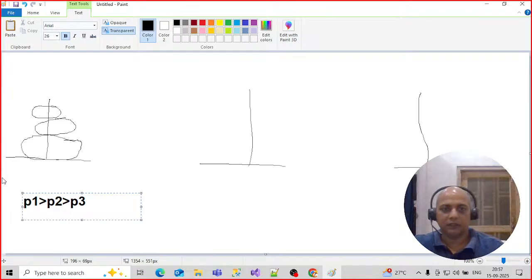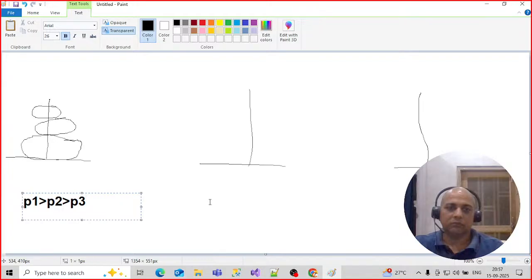In the same order, any tower can bear these plates. If we choose tower 1, then in the same order these plates will be kept. At the bottom there will be plate 1 because it is the bigger one, plate 2 is a little bit smaller than plate 1, and plate 3 is the smallest.